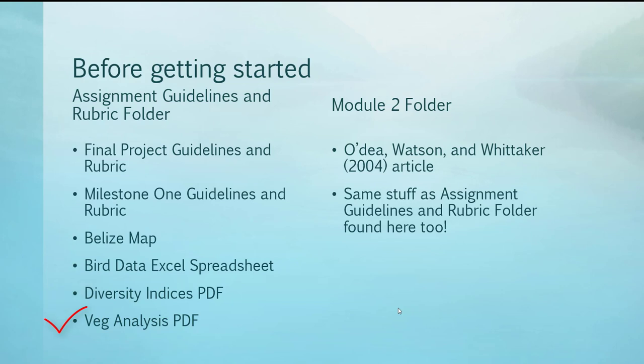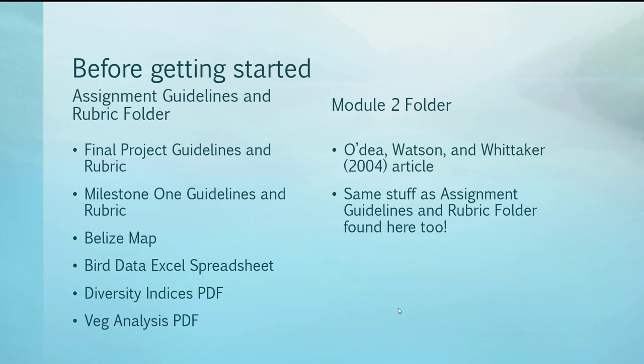You'll need to access these when you're constructing your Milestone 1, but you also probably need them for the remainder of the project. So I recommend downloading them and having them available on your desktop so that you can open them without having to open up your SNHU account and things like that.